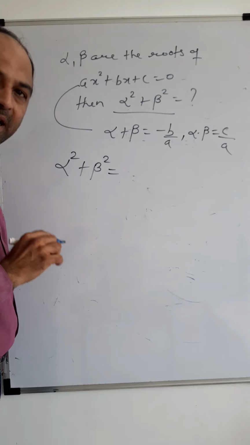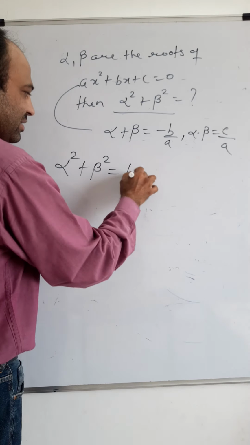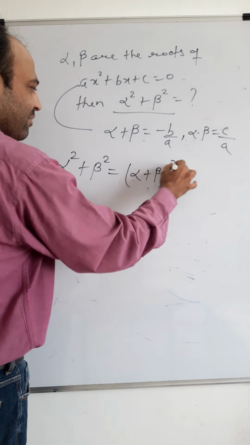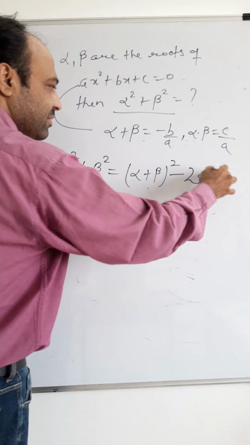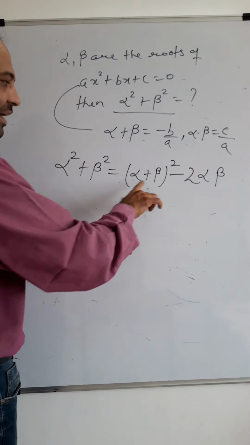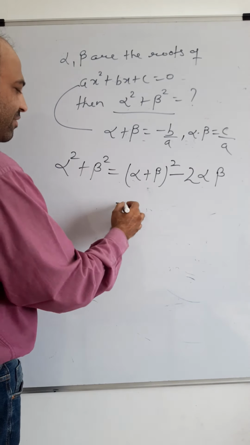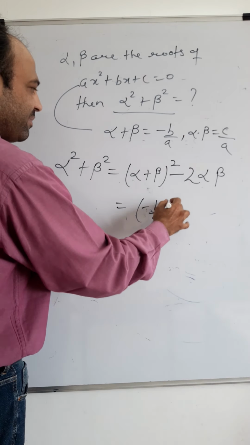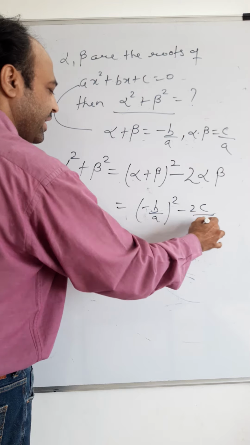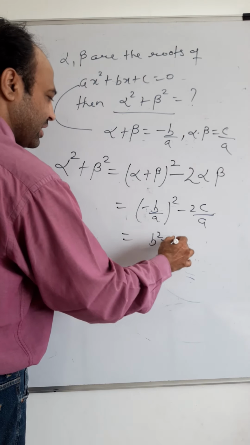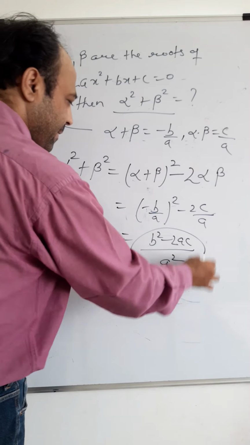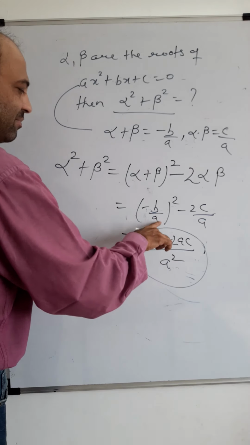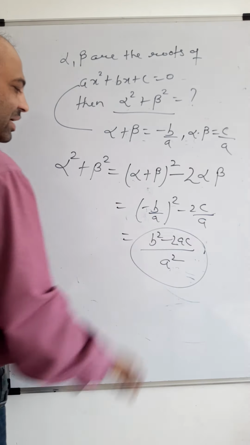So we will use an algebraic identity. This says a square plus b square can be written as a plus b whole square minus 2ab. So with that algebraic identity, we can substitute the values: minus b by a whole square minus 2c by a. This is b square minus 2ac upon a square. When we take the LCM a square, b square comes and a goes that side.